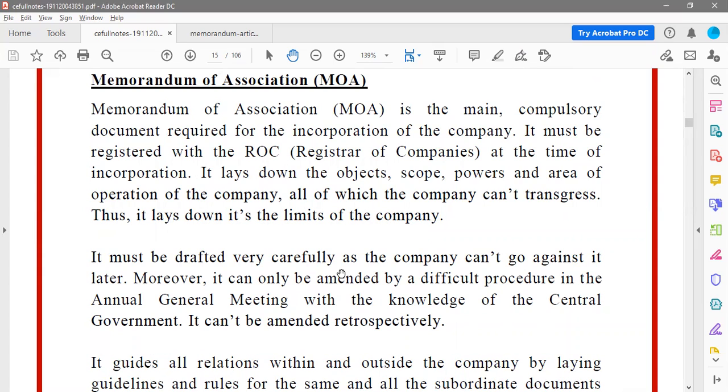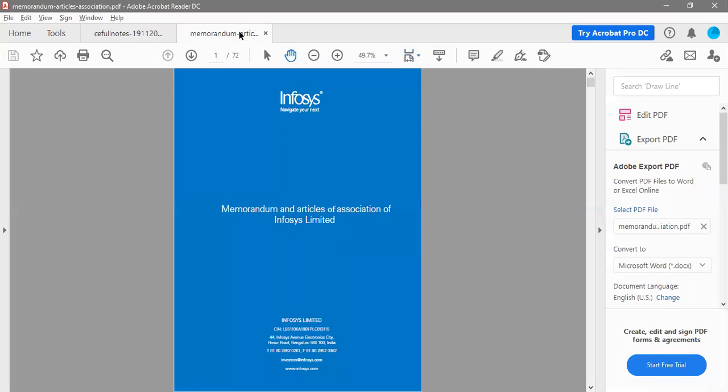These documents are very important in the company, because they are like the charter, or the rules that the company has written for itself. Firstly, MOA: we will understand MOA directly by seeing a practical MOA.